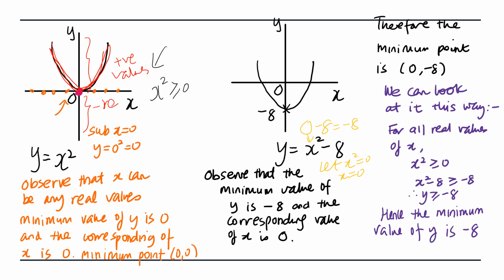Therefore, the values for y will be more than or equal to -8. Hence, the minimum value of y is -8, and the corresponding value of x will be 0.